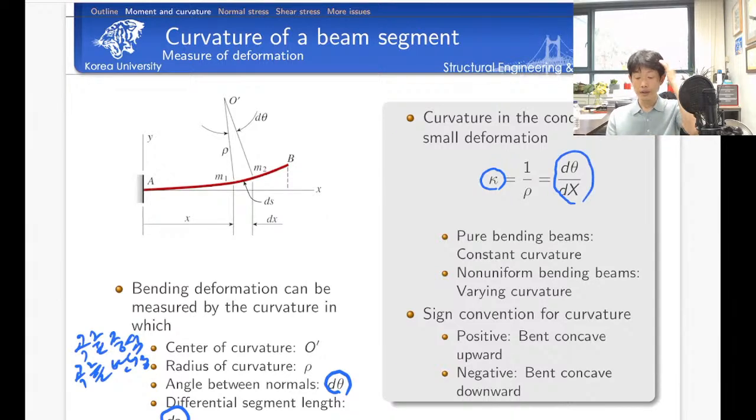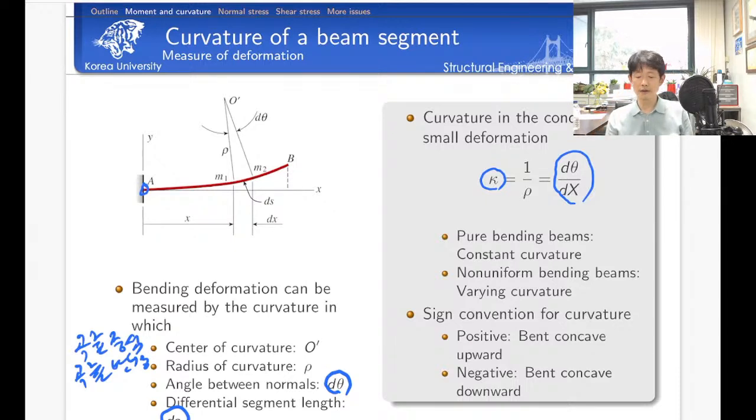For example, here at this end, this is the support of the cantilever. Then there's no angle change, right? Because at a fixed support, any lateral displacement and any rotation is prohibited at that point.